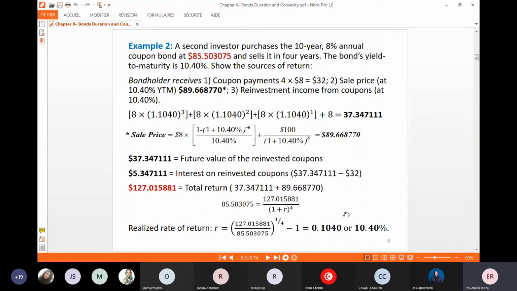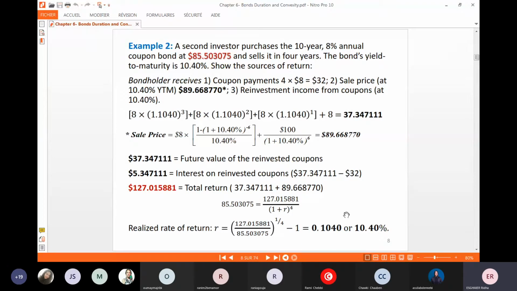And we note here that even for the second investor, the investment horizon is not 10 years, it is less than 10 years. The horizon is not the maturity of the bond. The investment horizon is 4 years only. We find that his realized return is also 10.4%, the same as the original yield to maturity. Why?